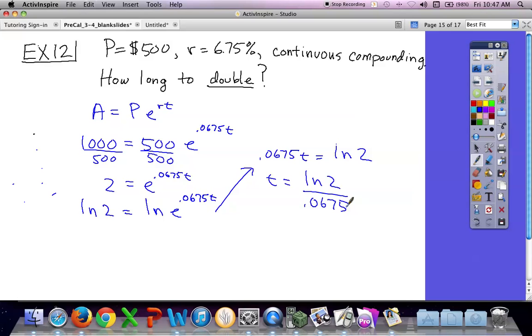Make sure when you're doing these kind of calculations, right, that you don't accidentally say ln of 2, close off the parentheses, and then divide by the 0.0675, because now you've put the 0.0675 inside the logarithm. You don't want to do that, right? So this is 10.27 years, right? So your money is going to double in 10.27 years.